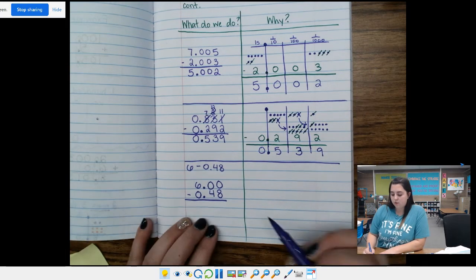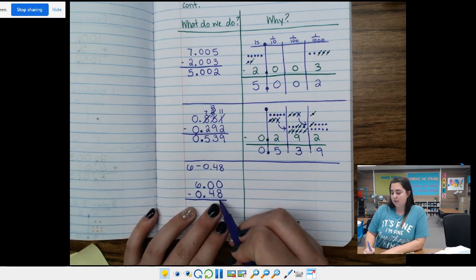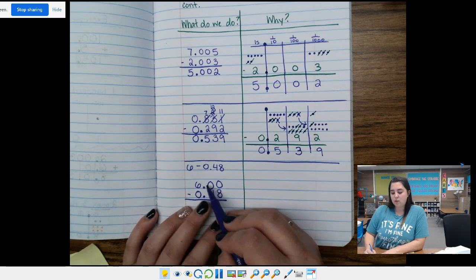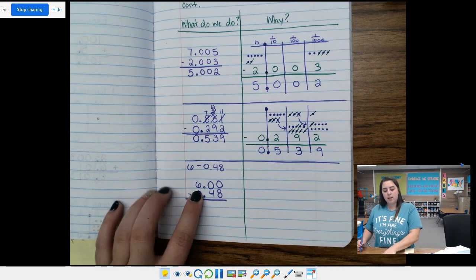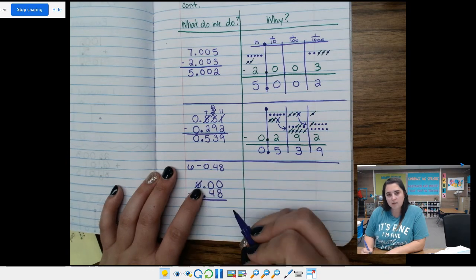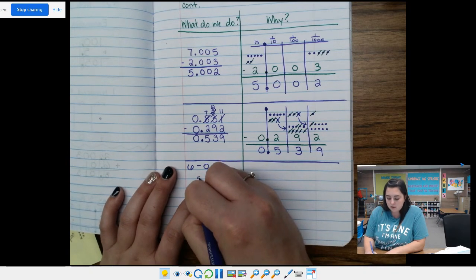All right, so I'm going to solve. 0 minus 8, I can't do. I look to the left. Can I take anything away from 0? No. So I need to go all the way to the 6 and regroup. I'm going to take 1 away from the 6, so that becomes a 5.